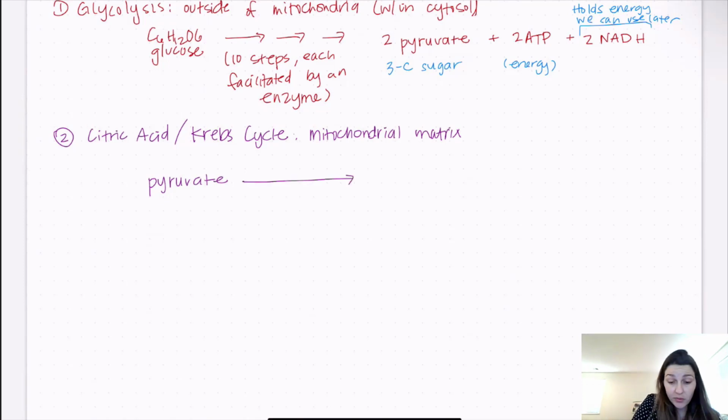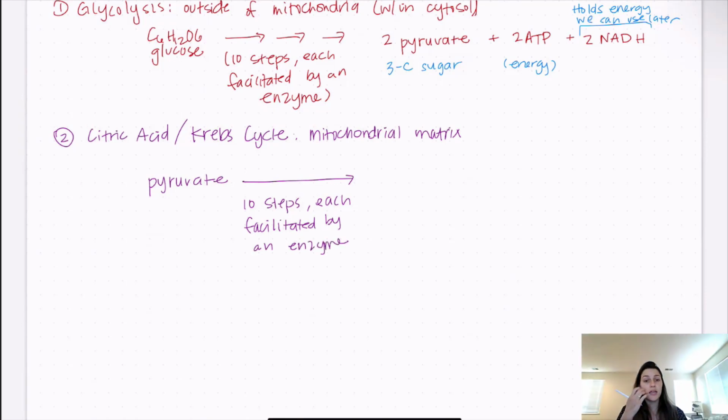So this is 10 more steps, each facilitated by an enzyme. Each of those steps has its own enzyme to do that specific part. And that gives us a bunch of stuff after.